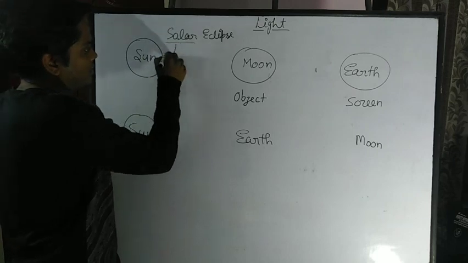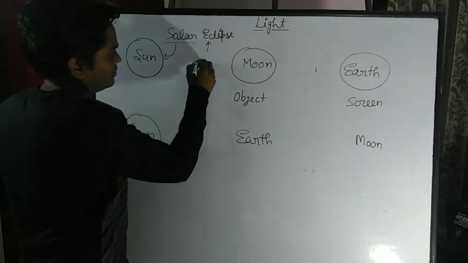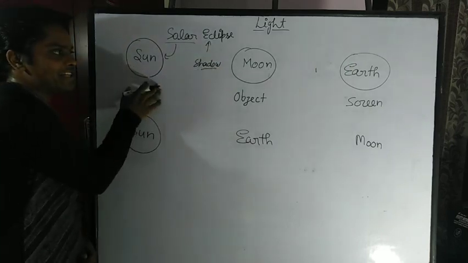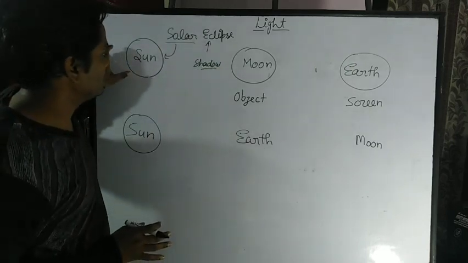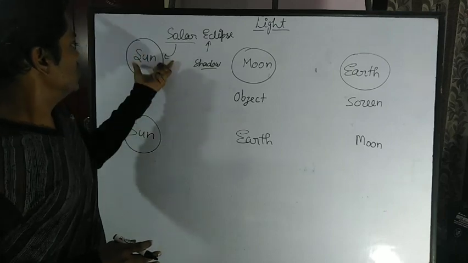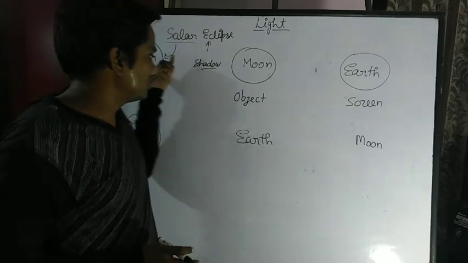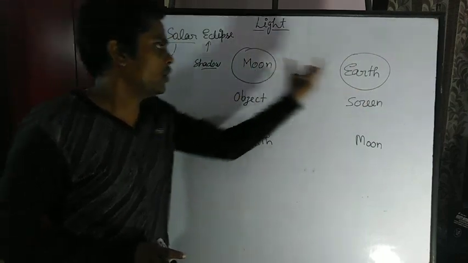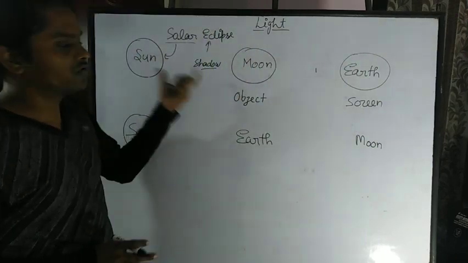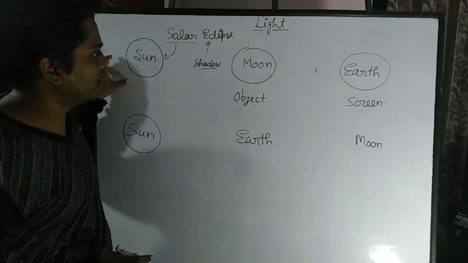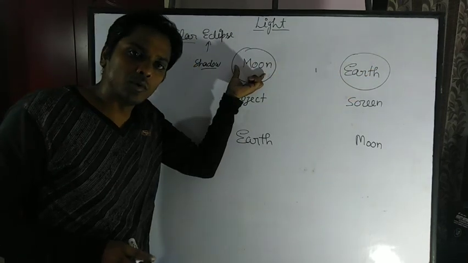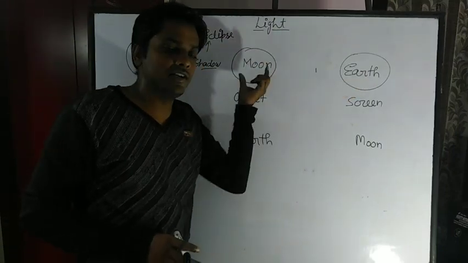Solar means sun and eclipse means shadow. In this case we get the sun shadow on earth, in which between sun and earth there is a moon.